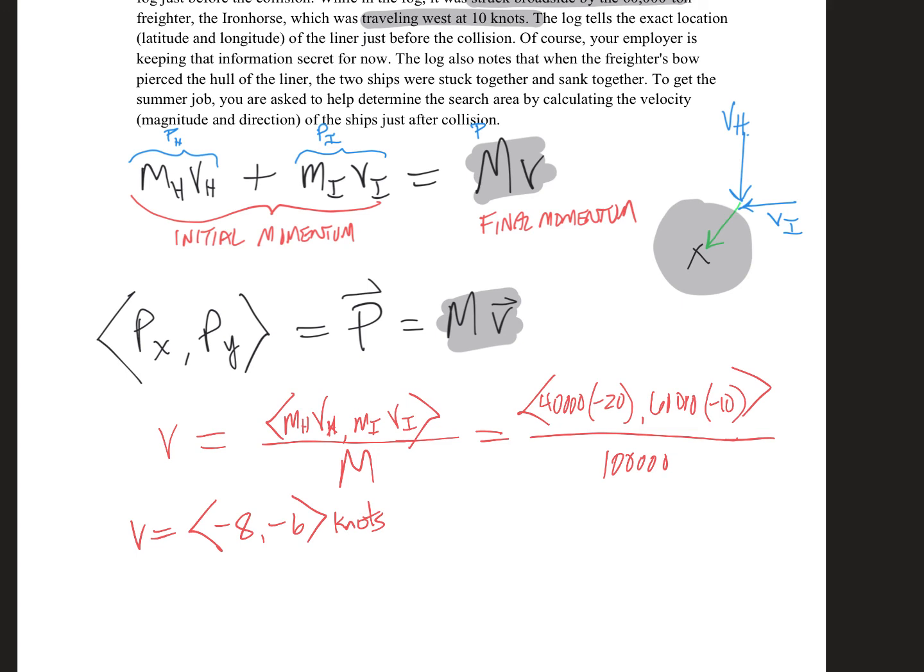I forget what the conversion for knots is, but I don't think we care about it. So now I know the speed, the magnitude of that speed would be, I think it's 10 if we do the math, but theta, inverse tangent of 6/8 or 3/4, I guess, is going to be 36.9 degrees.